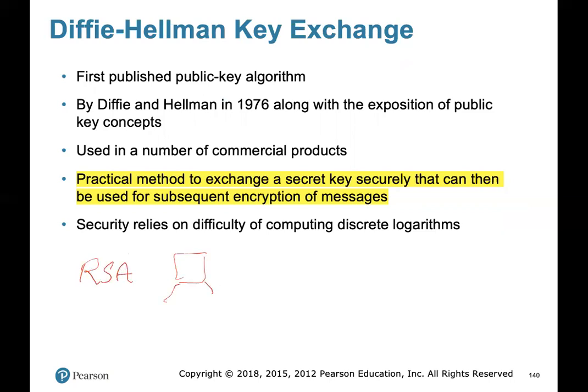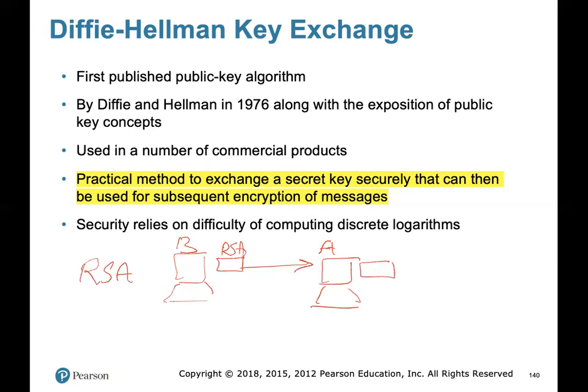Two parties want to send something, and the key, let's say Bob and Alice, are willing to start a secure communication. They use RSA in order to exchange the key. So Bob generates a key encrypted using RSA and sends it to Alice, and Alice receives and opens the key. So both of them now have the key.